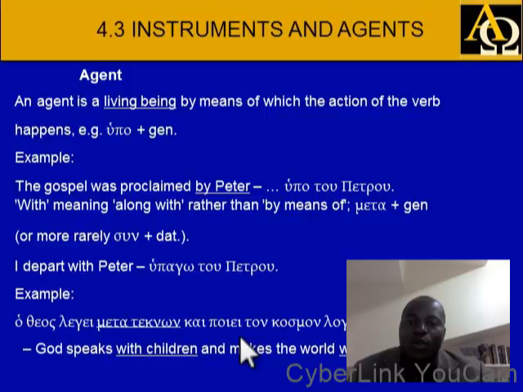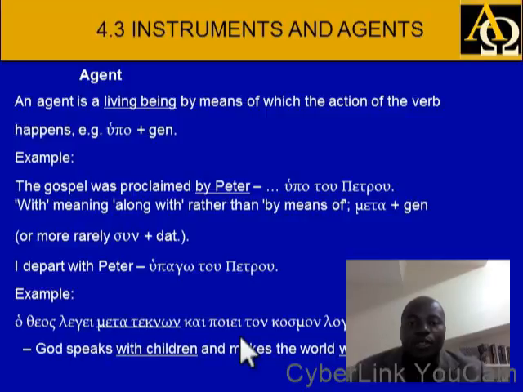With meaning along with rather than by means of: meta plus genitive, or more rarely sun plus dative. I depart with Peter. Hupago meta tou Petrou. Okay. Ho theos legei meta teknon. God speaks with children. And then goes on to say, kai poiei ton kosmon logo, and makes the world with a word.